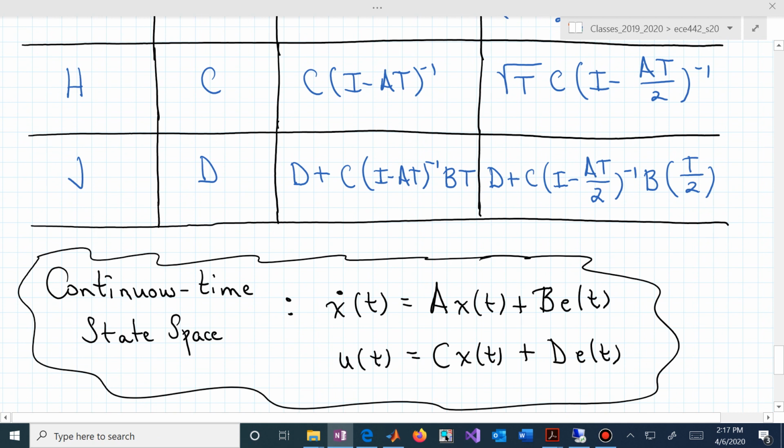Again, that's using this continuous time system described or parameterized by A, B, C, and D, those matrices.